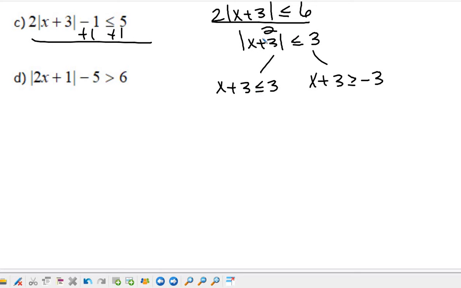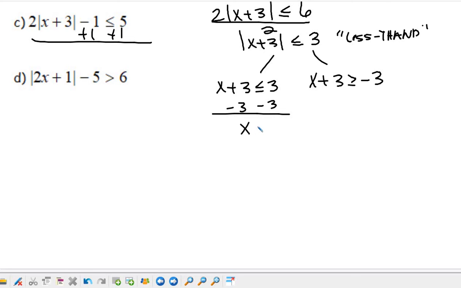Remember, we learned these. Once you get the absolute value isolated, this is a less than statement. So it's an and statement. So it has to be between this number and that number, which means it should be from a number to a number. So we subtract 3.